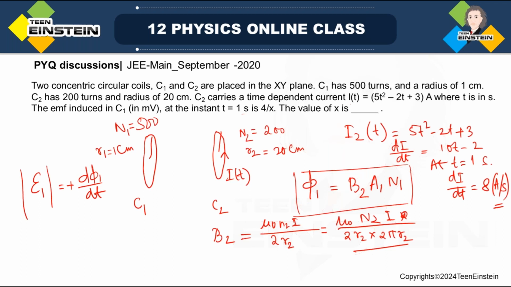Let me get the information. So the question was, two concentric circular coils C1 and C2 are placed in the XY plane.